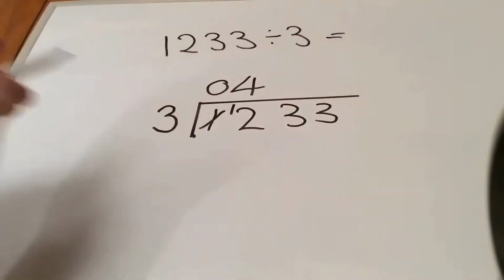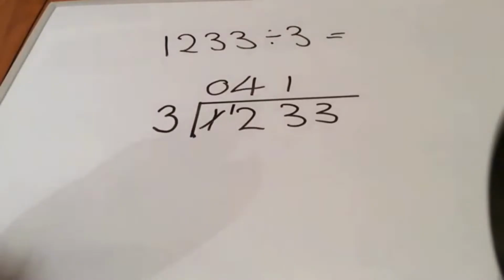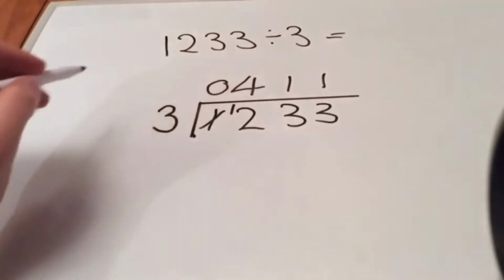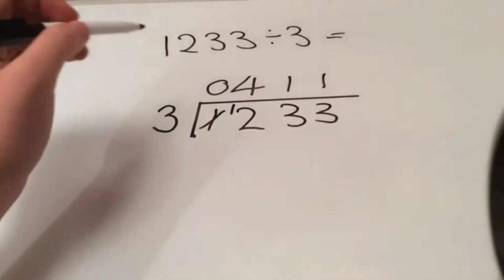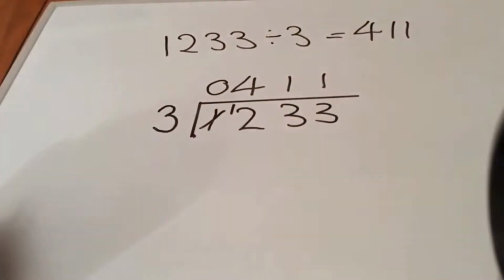So 4. How many times does 3 go into 3? 1. And how many times does 3 go into 3 again? 1. So 1,233 divided by 3 is 411. Let's have a look at another example.